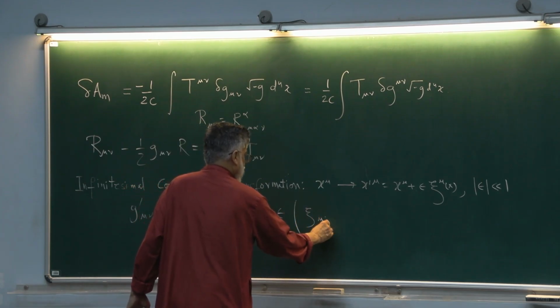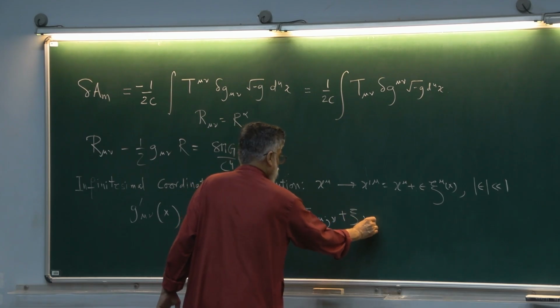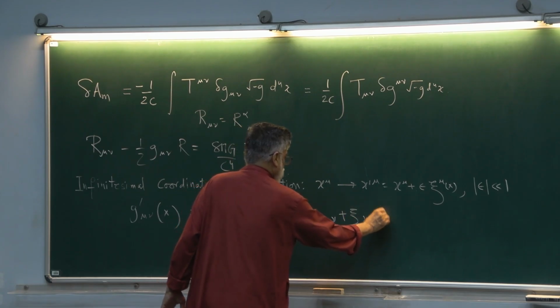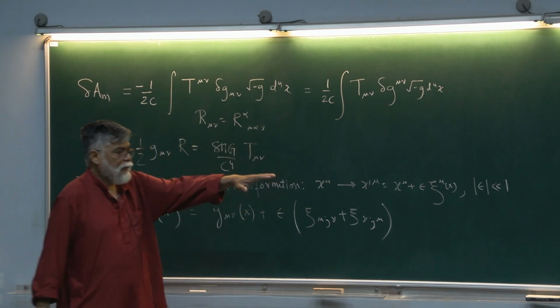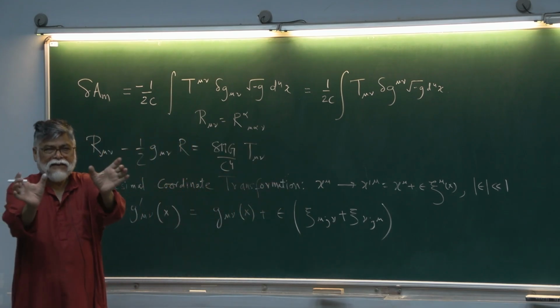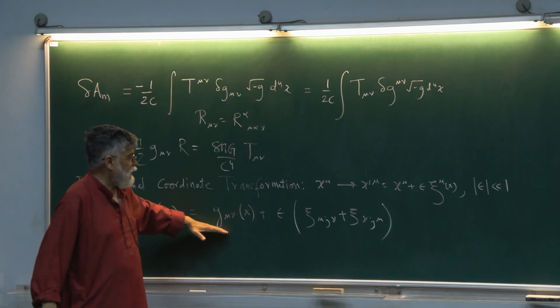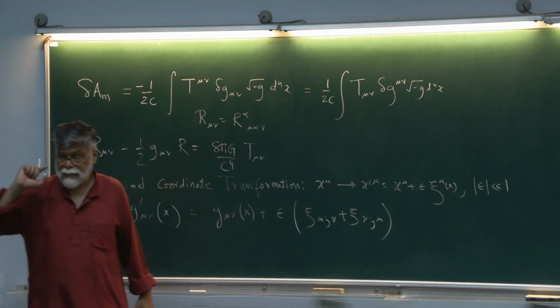xi mu covariant derivative nu plus xi nu covariant derivative mu. Towards the end, I had got an expression, and I asked you, there was one step missing. When you fill that step, you get this expression.